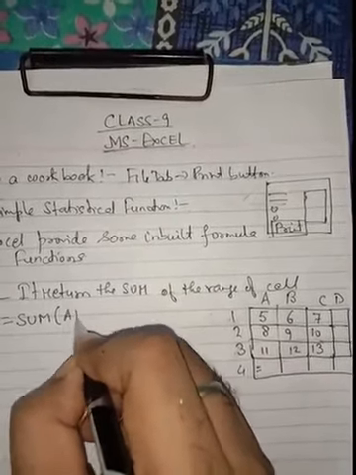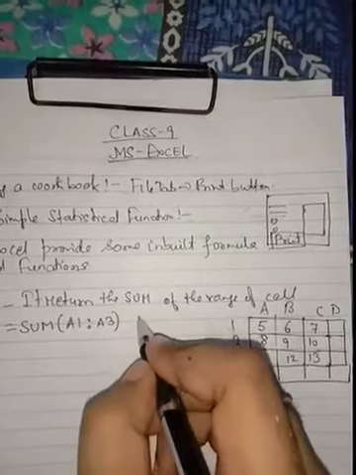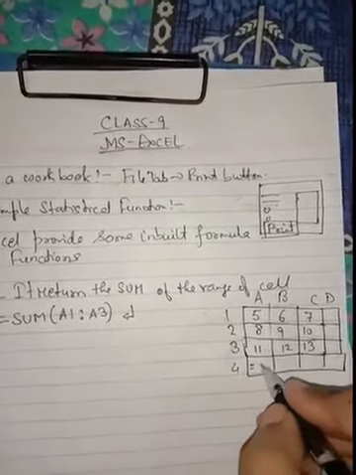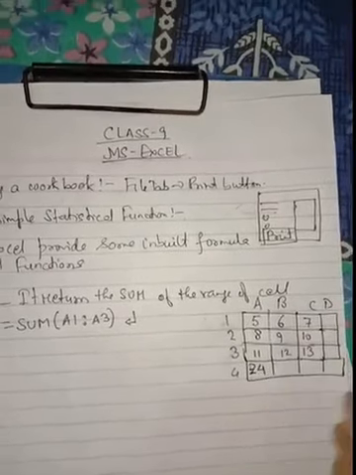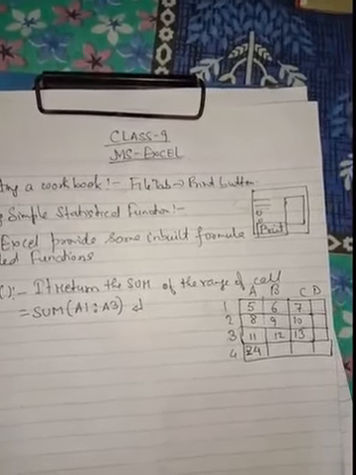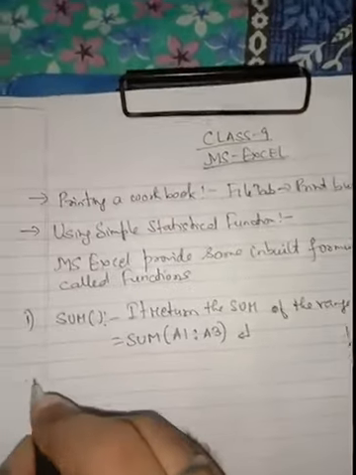So A1 colon A3, and then press the enter key. 8 plus 5 is 13, plus 11 is 24. So 24 will be available over here. In this way we can find the sum of our values.